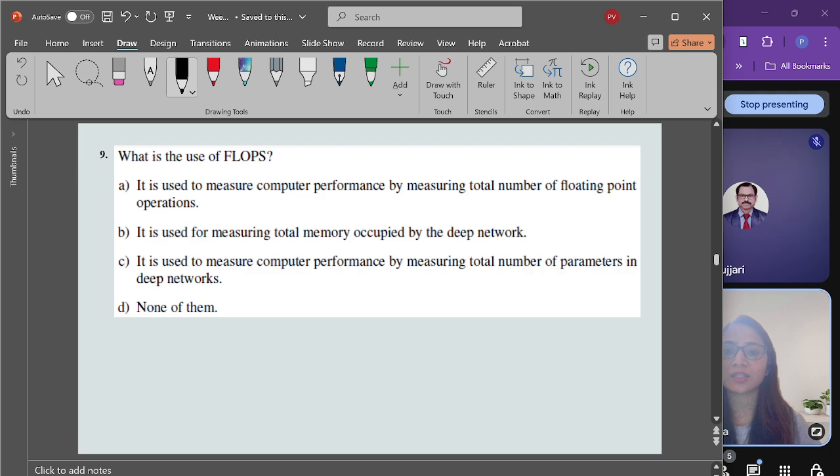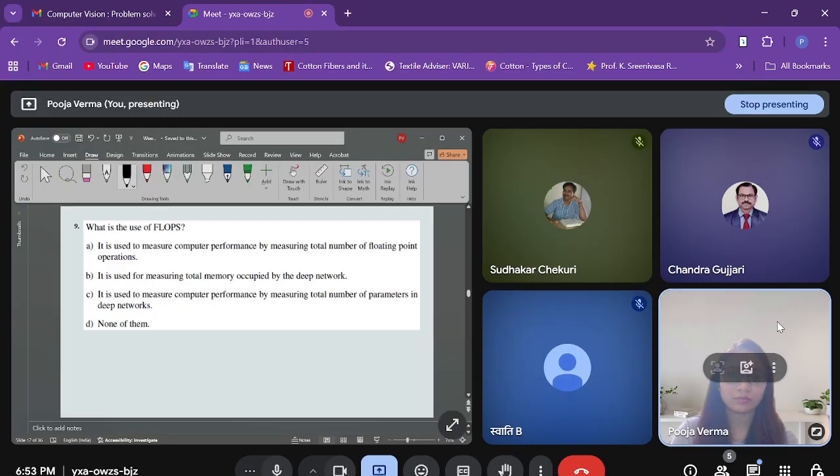Option C, it is used to measure computer performance by measuring the total number of parameters in deep networks. Or option D, none of them. So what is the use of FLOPs? Anyone? Please try to answer this question at least.